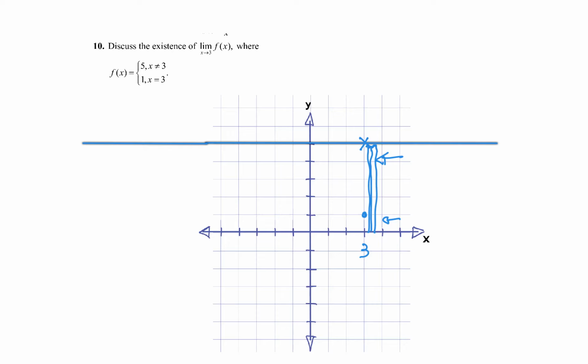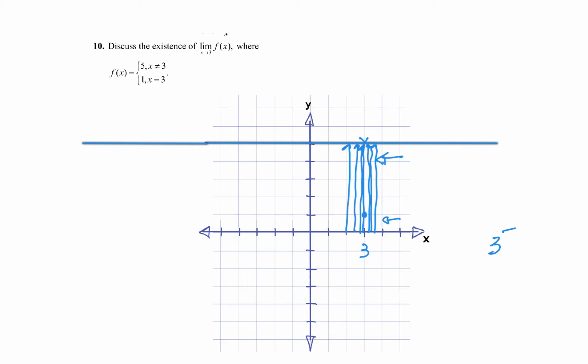And if I approach from the left, from 3 minus, 5. If I approach very next to the 3, but just to the left, 2.999, what will be the value? 5. So what is the limit when x tends to 3 of this function? Is 5. So does it exist? Yes. What's the limit? 5.